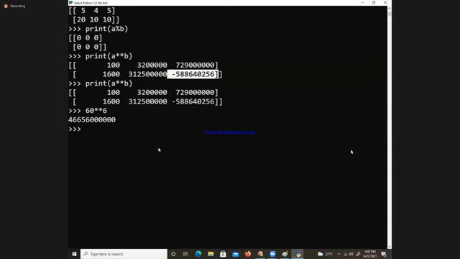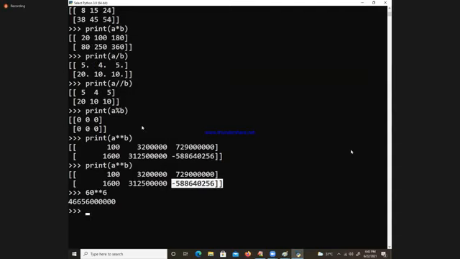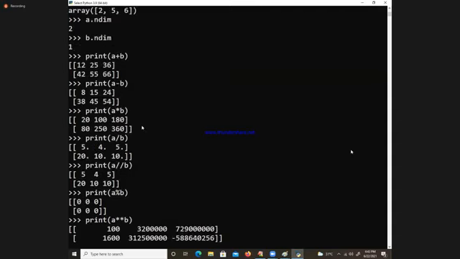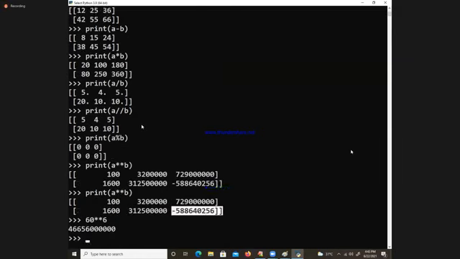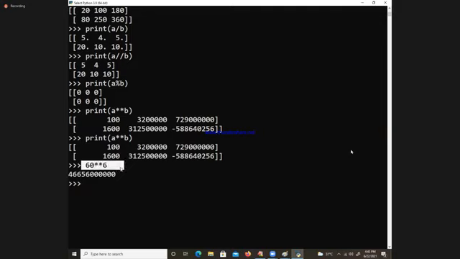Python is a dynamically typed programming language, but it is not like that. Let me check once, because 60 to the power of 6 is supposed to come like this. Why it is coming like this, we will check it out.